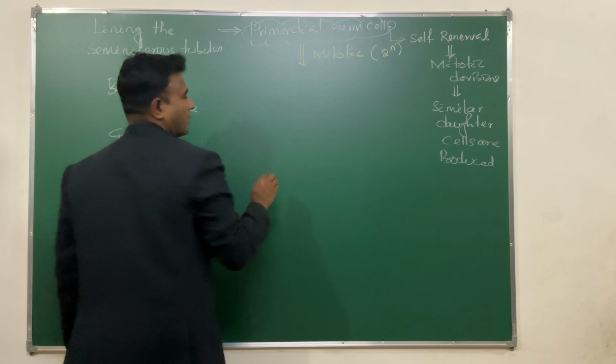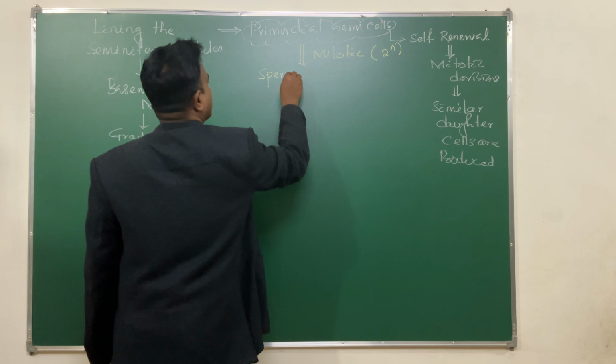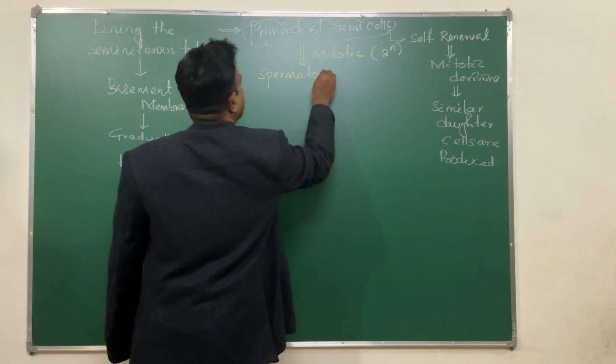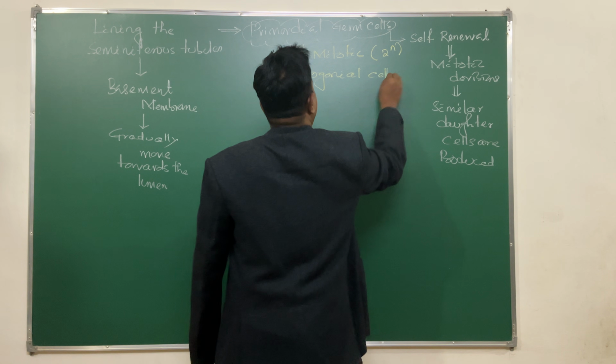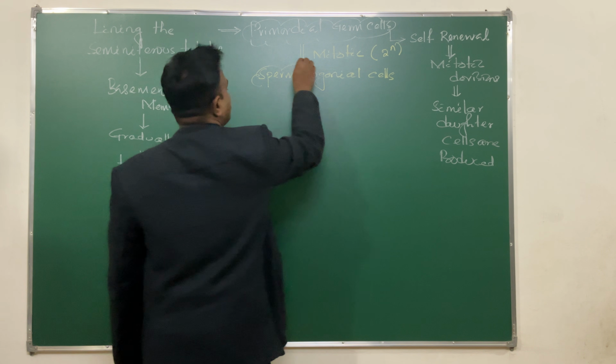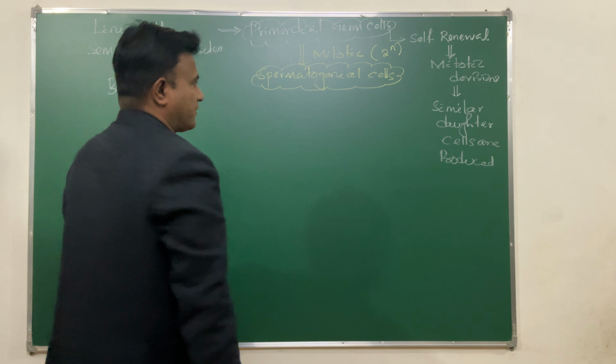n divisions occur, and the cells which are produced are known as the spermatogonial cells. These are the base cells which will further give rise to the process of spermatidogenesis.